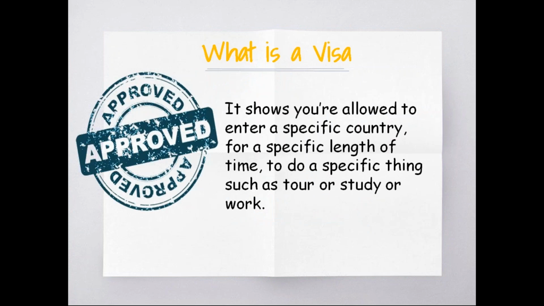Let us have a short introduction as to what is a visa. Essentially, a travel visa is a document that shows you are allowed to enter a specific country for a specific length of time to do a specific thing such as tour, study or work.